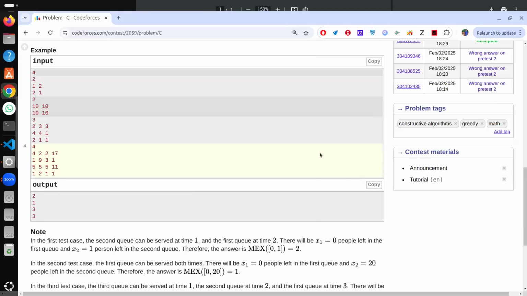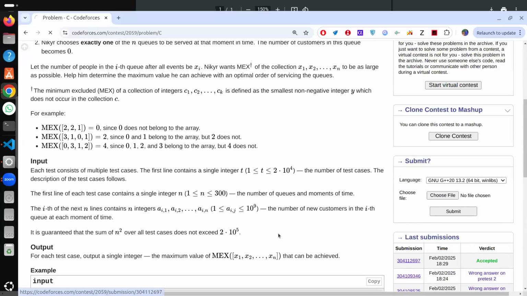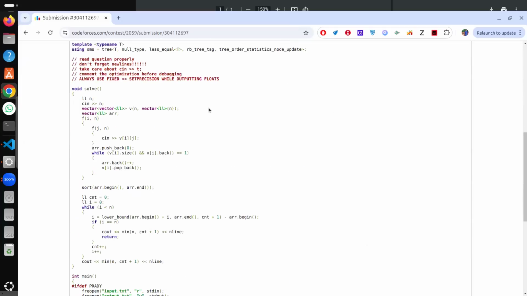Okay. So I'll show you the code for the sake of it. All right.